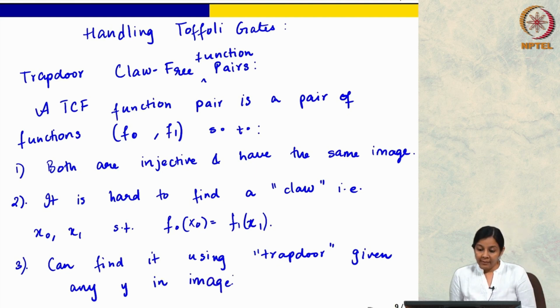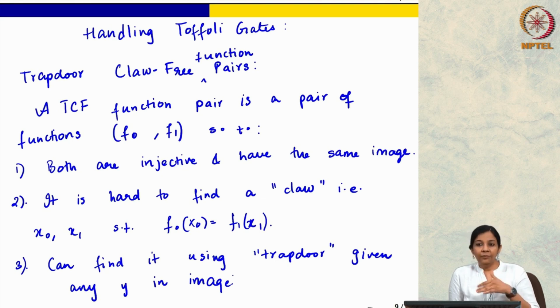Let us understand what this primitive means. This is a purely cryptographic object. We have a pair of functions such that the functions are injective and they have the same range.